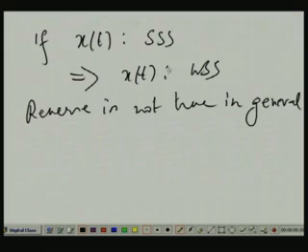Okay, in general the reverse is not true. Why? How does this follow, that if x t is strict sense stationary, it is also wide sense stationary?